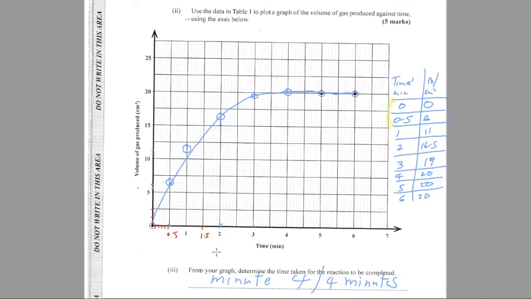Let's highlight that on the graph itself. We have the graph being steepest right there. So it's from 0 to 0.5 minutes. So that's the time interval, 0 to 0.5 minutes.